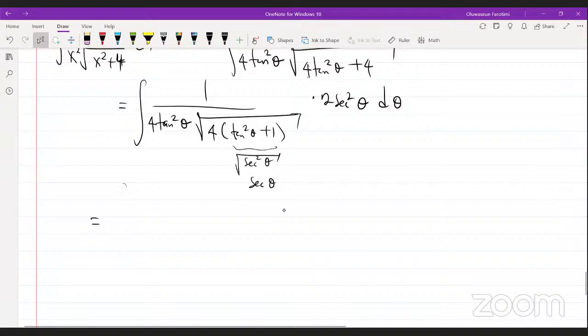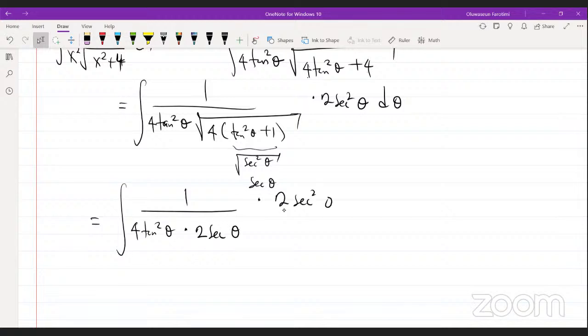So now let's put things together. I have 1 over 4 tan squared of theta times, from the square root, 2 secant theta, multiplied by 2 secant squared of theta d theta. Can anything cancel? Obviously, this takes off this. What else do we realize, guys?